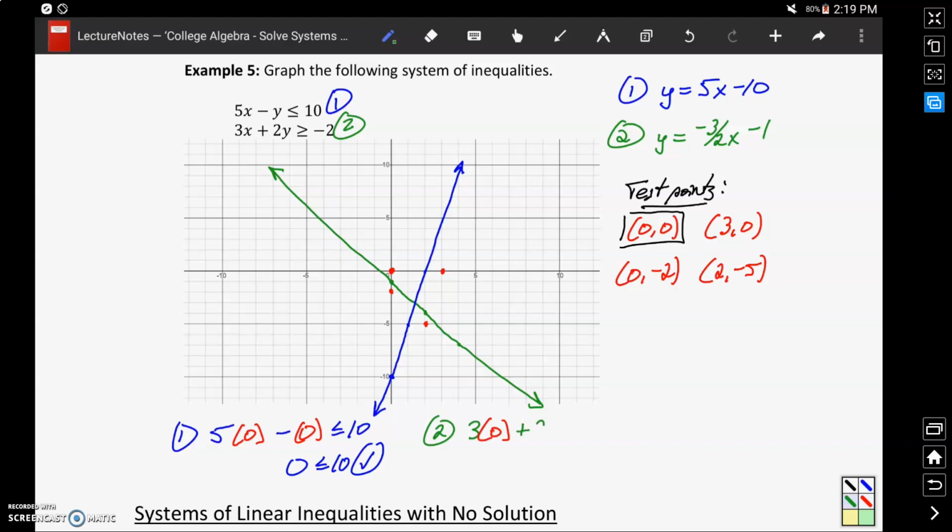Doing the same thing in inequality 2 would give us 0 is greater than or equal to -2, which is true, meaning the point (0, 0) is in the region that contains all the xy pairs that make both inequality statements true, and we have this region that we want to shade to represent all of those solutions.